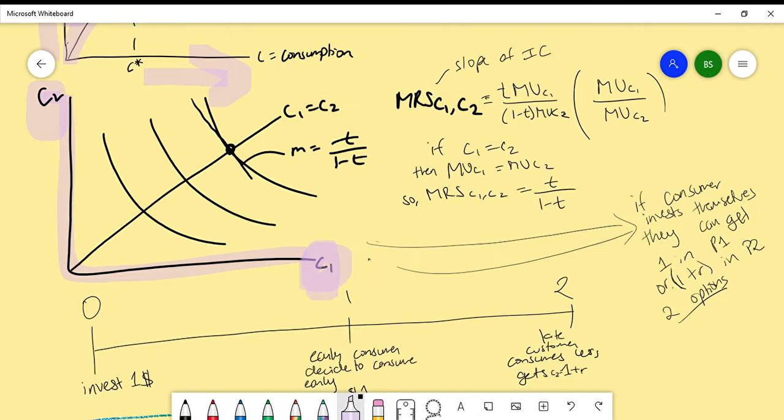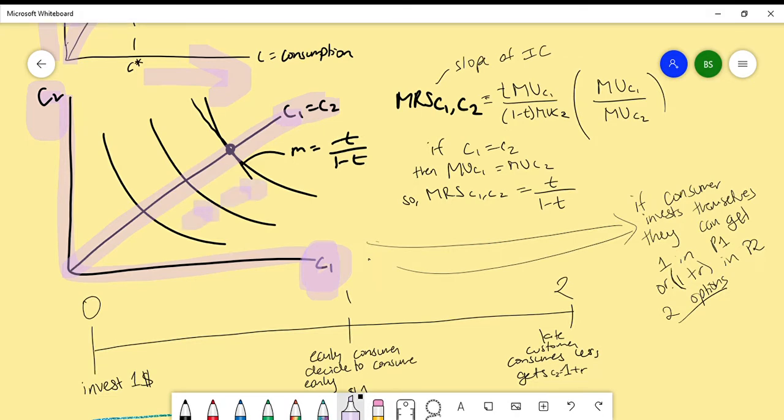First, we have this line going across that's C1 equals C2, which means I would get the same amount in both periods. Then we have 3 different indifference curves.